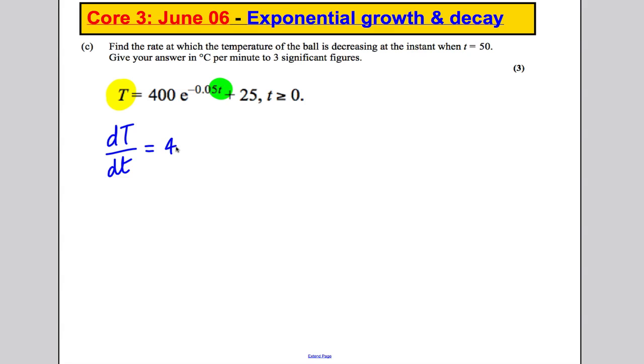So you'd have your 400. The differential of negative 0.05 t is negative 0.05, and you keep your e to the negative 0.05 t, and 25 differentiates to 0. This would therefore be equal to 400 times negative 0.05.